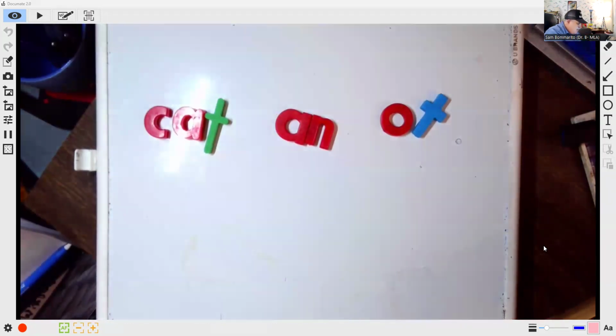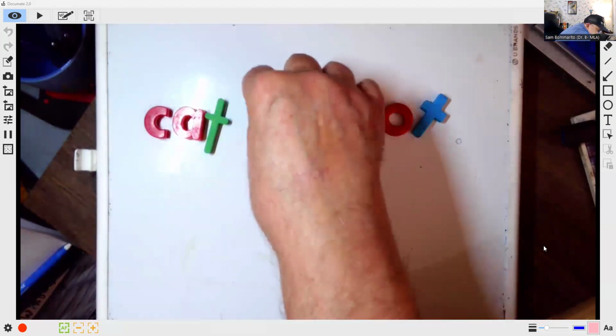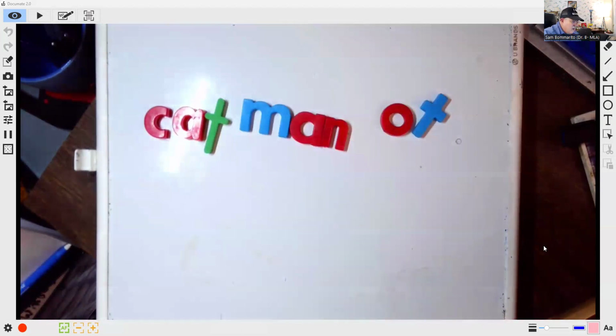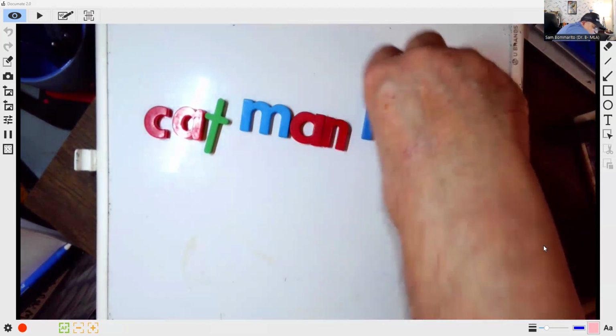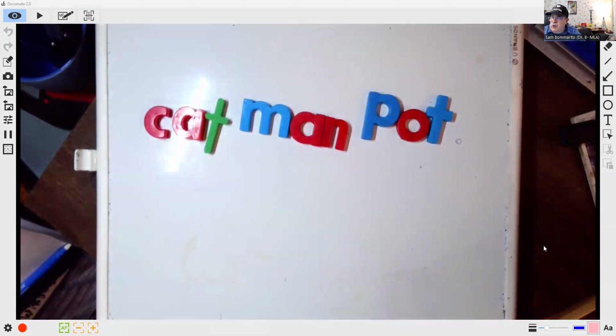At. All right. I wonder what we could add to an to make a new word. How about this? And I wonder what we could add to ought to make a new word. How about hot? Hot.